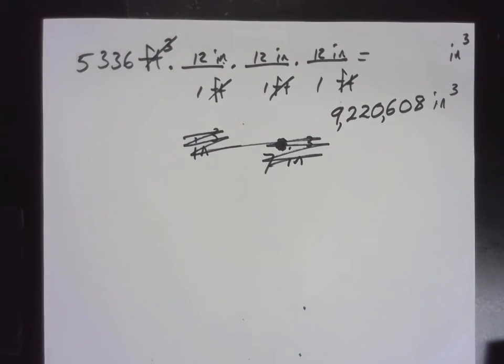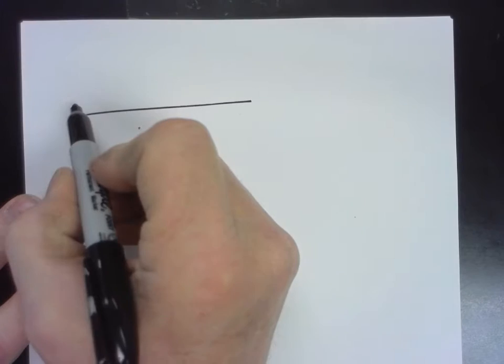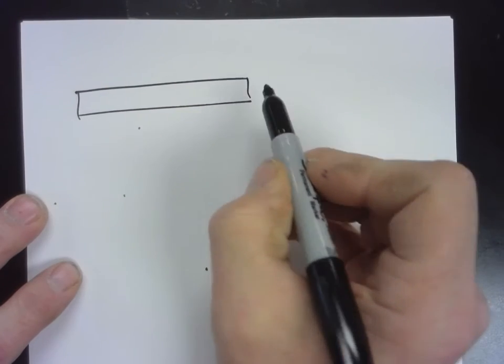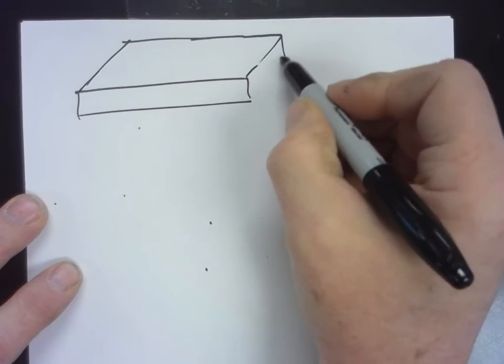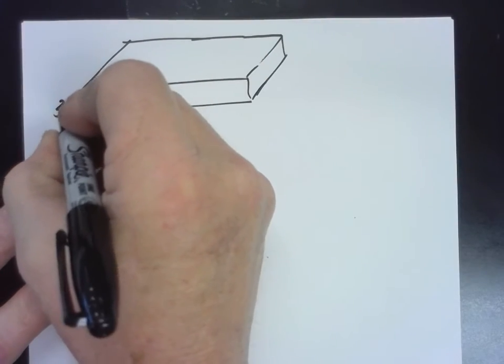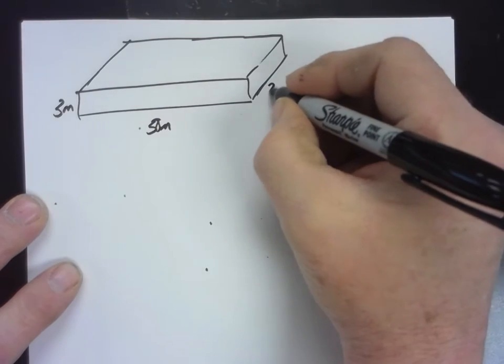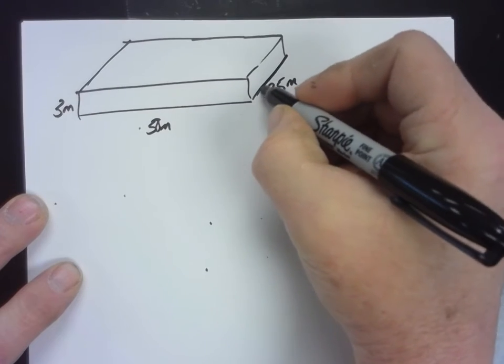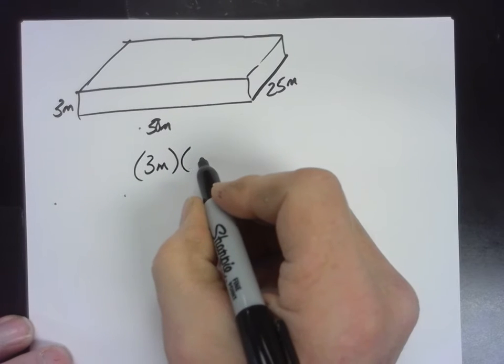Okay. So, one thing I wanted you guys to notice is finding the volume of something is actually pretty easy. If it's just a rectangular solid, like if I have a swimming pool like this, and it's 3 meters deep and 50 meters long, and 25 meters wide, we can find the volume simply by multiplying those dimensions together.